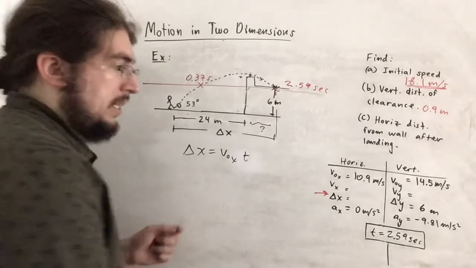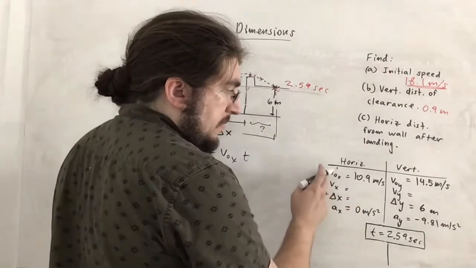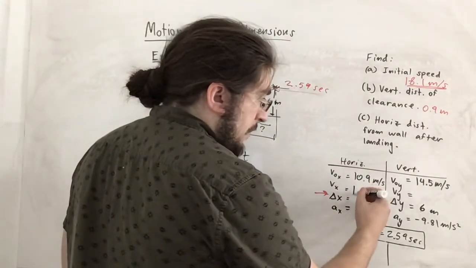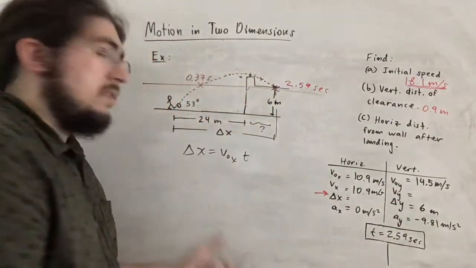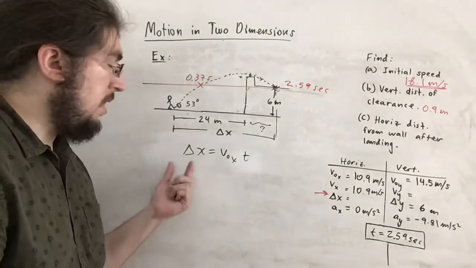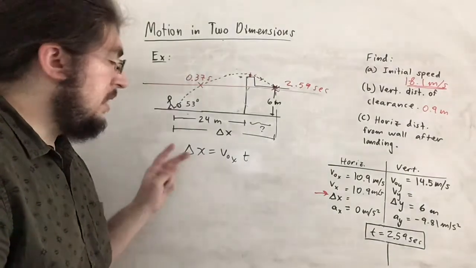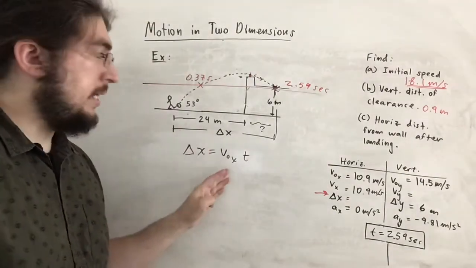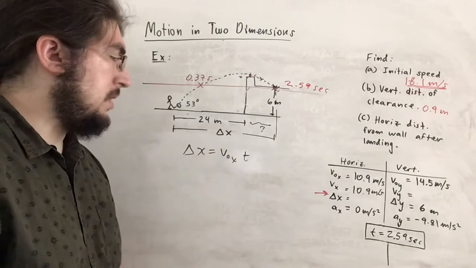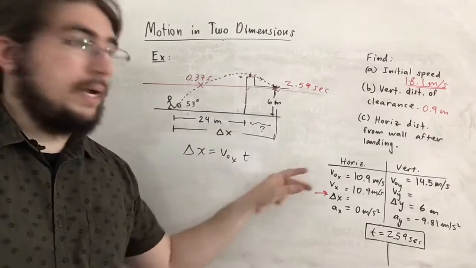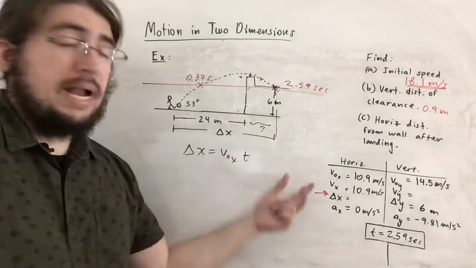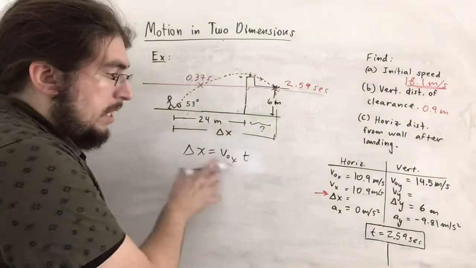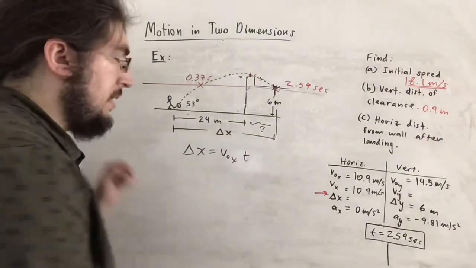Similarly, if you use the fact that this implies that v naught x and vx are the same, they're both 10.9 meters per second, then you can use the second kinematic equation, delta x is equal to 1/2 v naught x plus vx all times time. So those two combine to just be one of them, and then half of that, or 2 times one of them, and then half of that will just give you one of them. So we end up getting this either of those two ways.